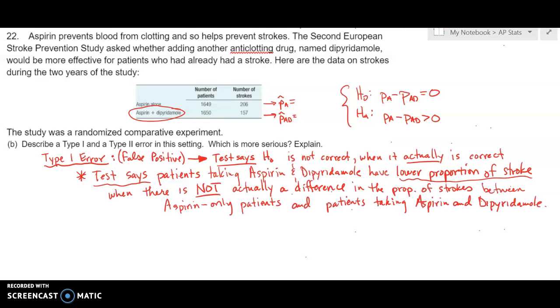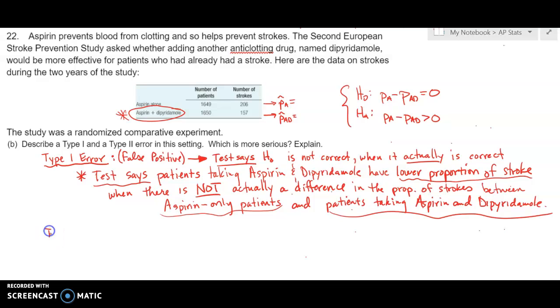There is not actually a difference in the proportion of strokes between aspirin-only patients, which is the one group, and patients taking aspirin and dipyridamole. So a type 1 error would be, we ran our test. Our test says that this group was better. So taking aspirin and dipyridamole was effective in reducing strokes, when in actuality, there was no difference.